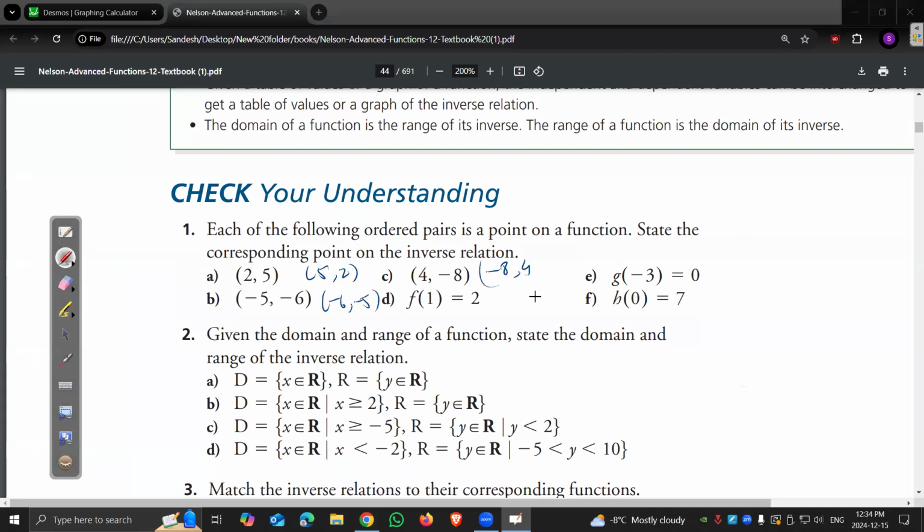X becomes y, y becomes x. That's it. That is it. That's if they give you a set of points.